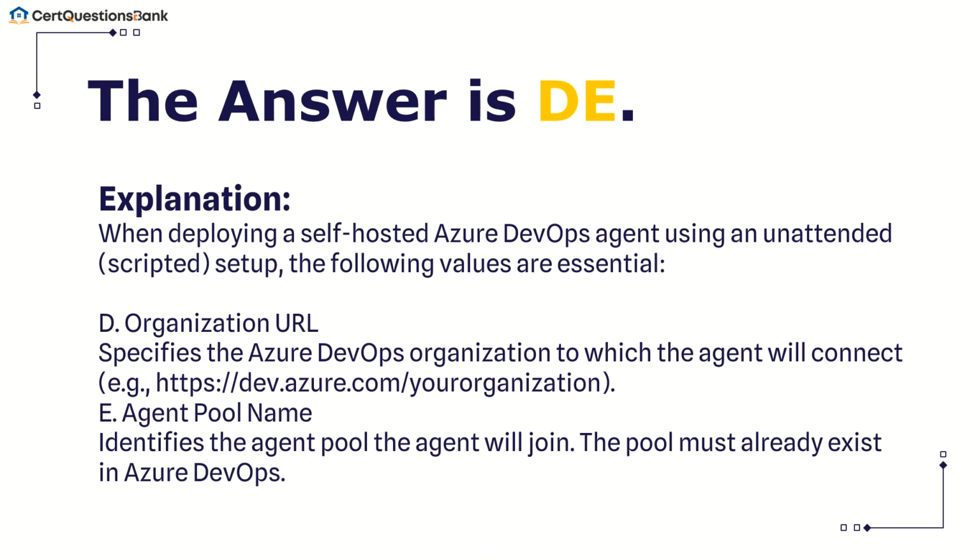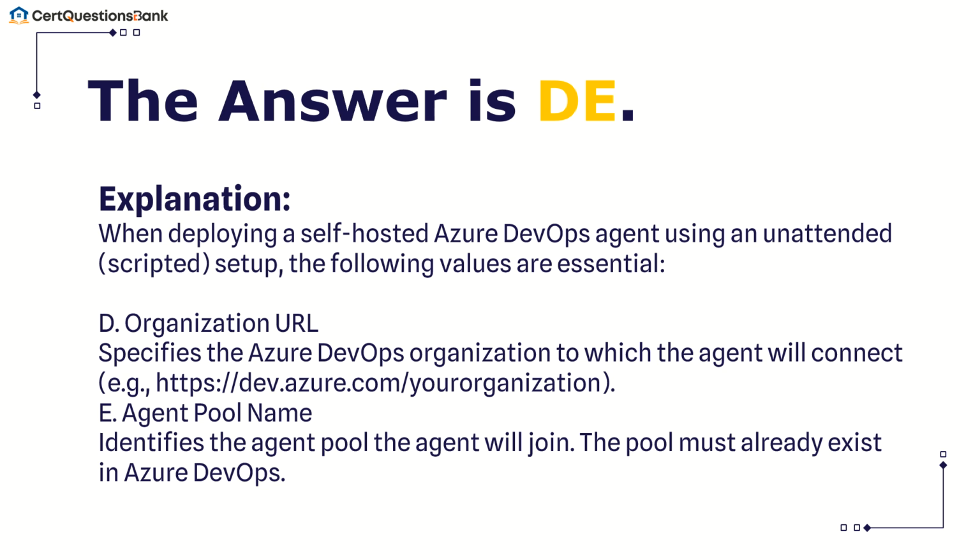The answer is D and E. When deploying a self-hosted Azure DevOps agent using an unattended, scripted setup, the following values are essential. D. Organization URL.